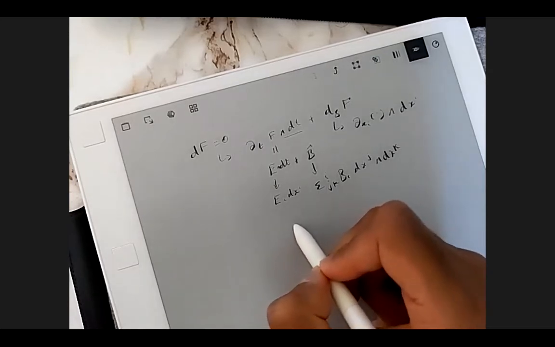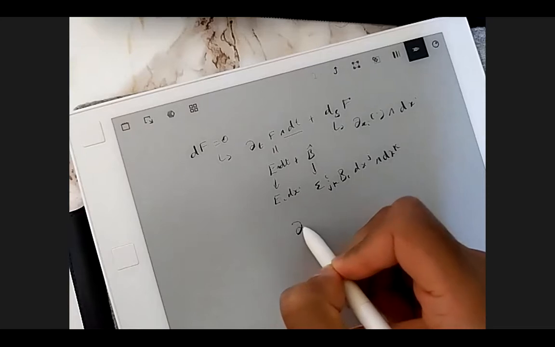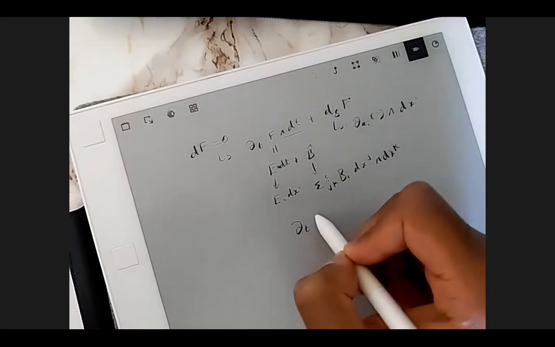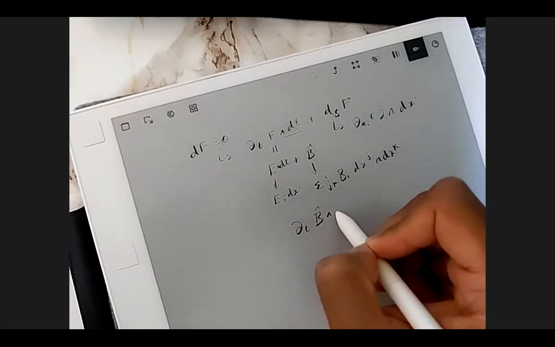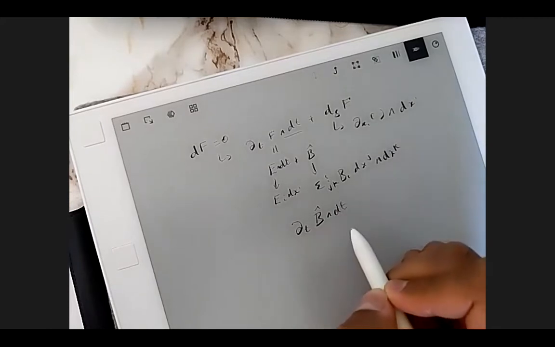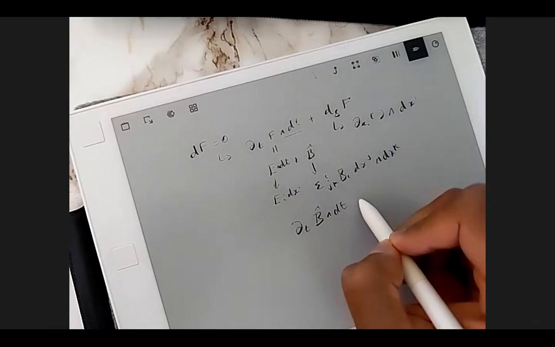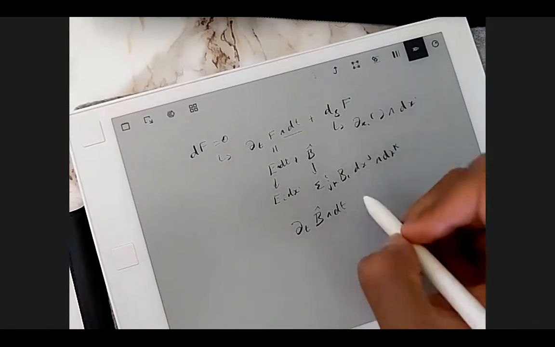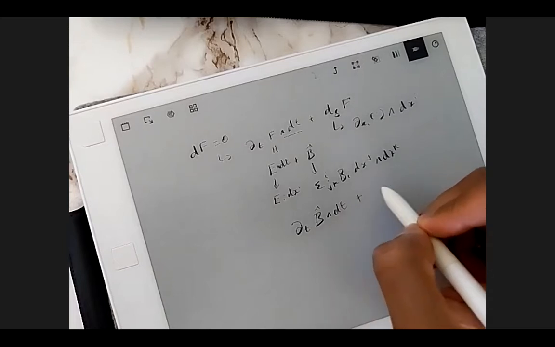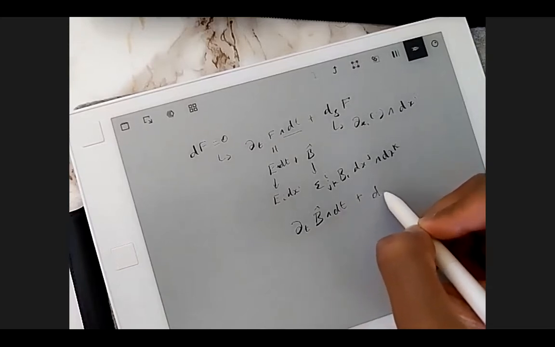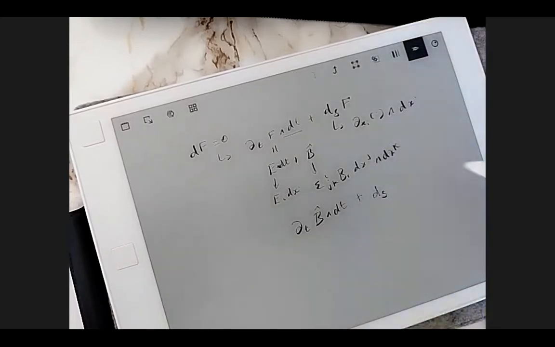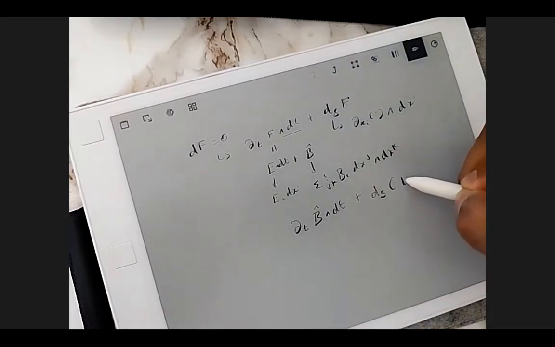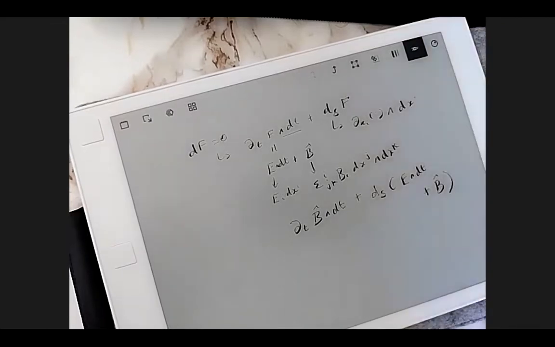So then what we have is dt b hat wedge dt, because the other terms are 0, plus ds of E wedge dt plus b hat.